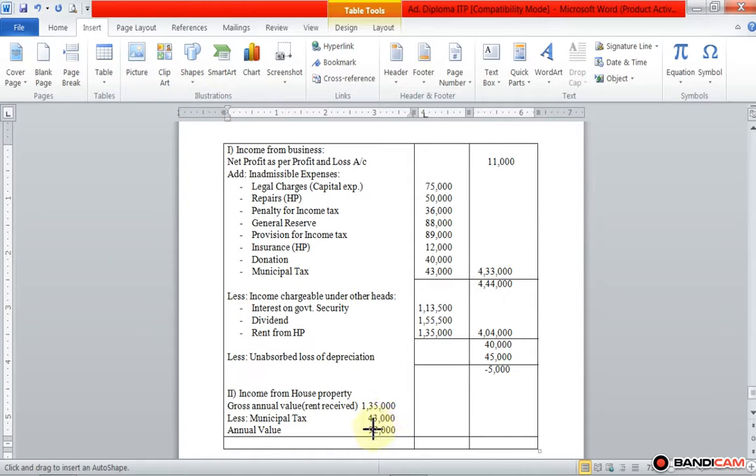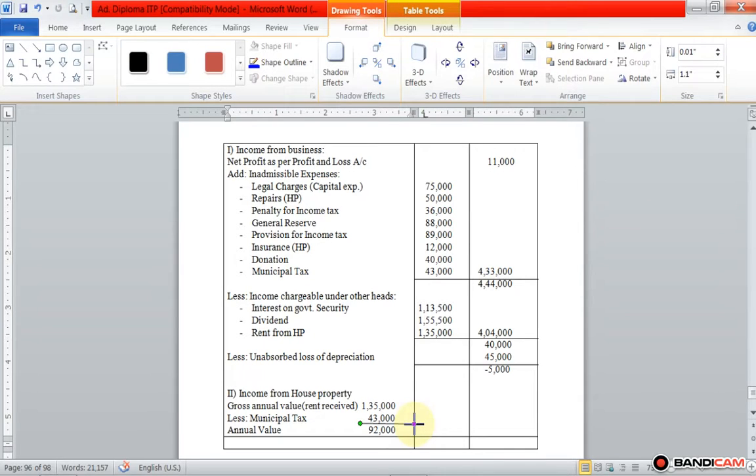Then we deduct a standard deduction for the purpose of maintenance of the house property, the maintenance expense of the house property.